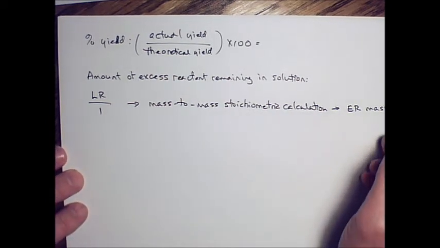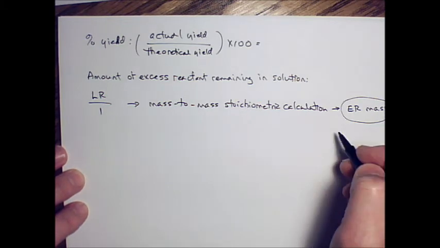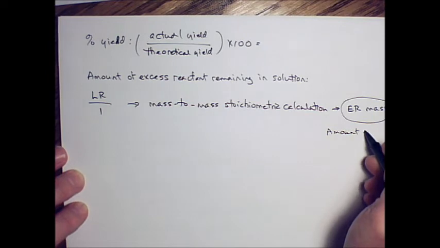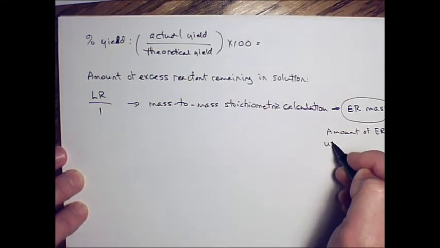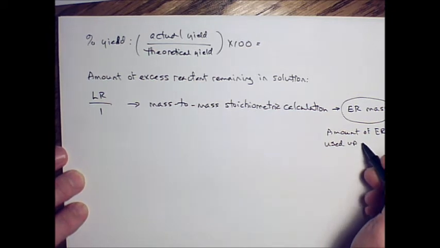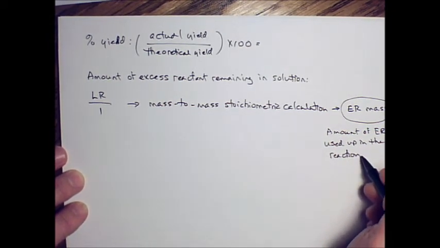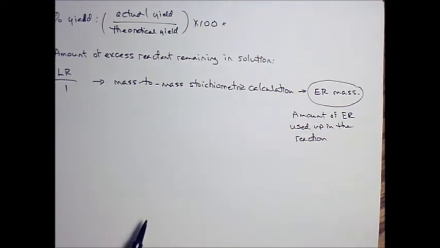Once you have this amount, this excess reactant mass, this is actually the amount of that excess reactant species used up in the reaction. The amount of excess reactant used up in the reaction. You simply subtract that from the amount you started with.